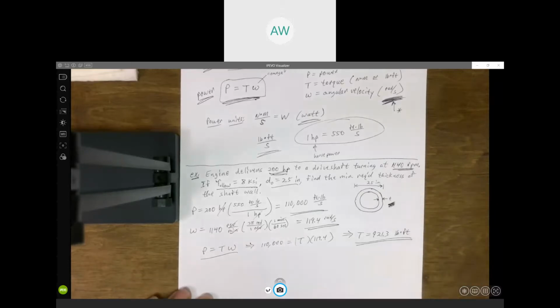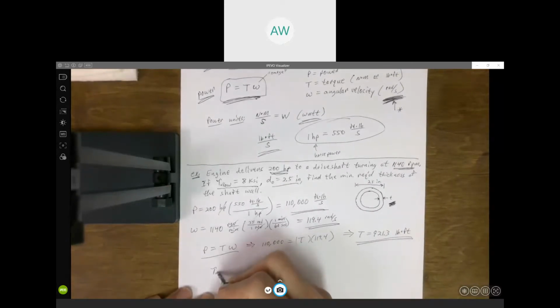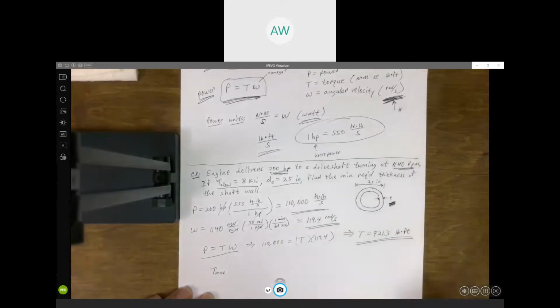And so now we've got the torque that's acting on this shaft. Any questions how we got the torque? Right, so that's really, I reckon, the new part to this problem. Now we're going to use the same formula we used in the first problem.